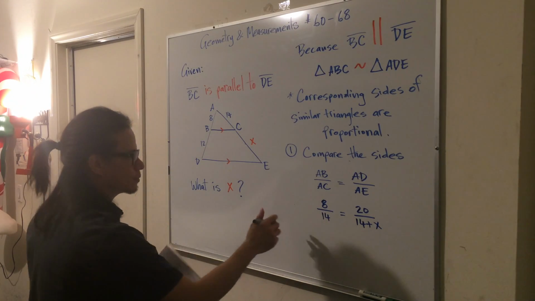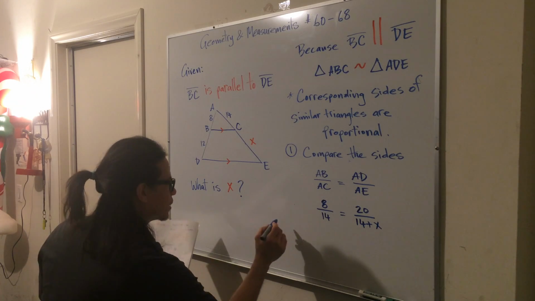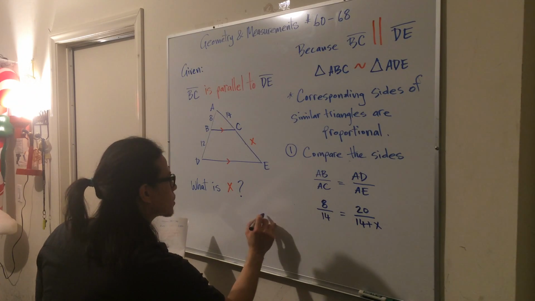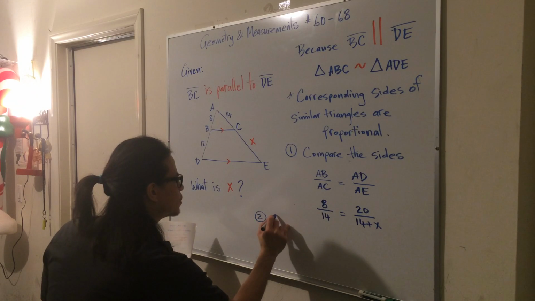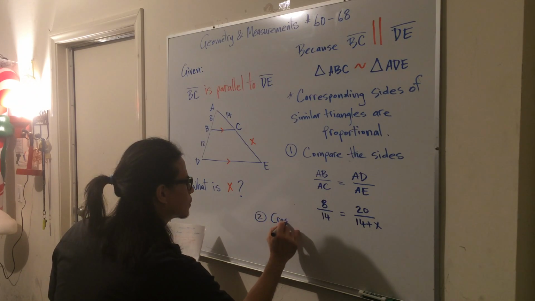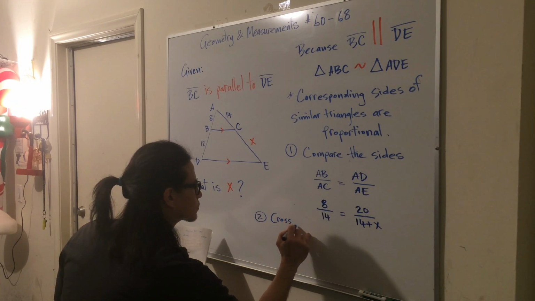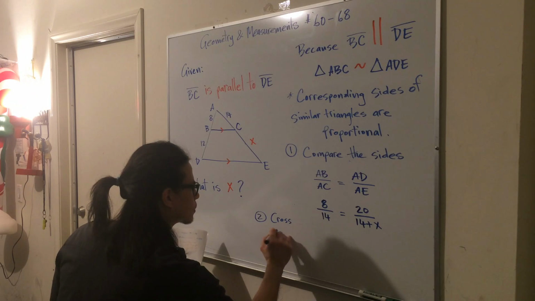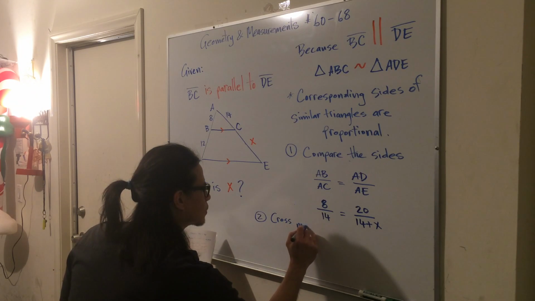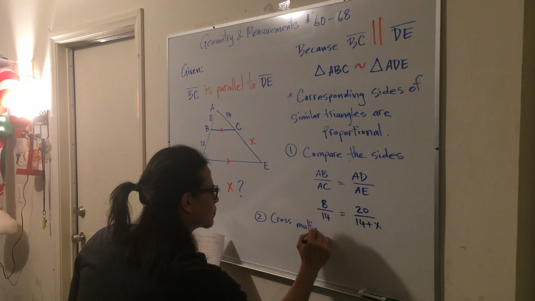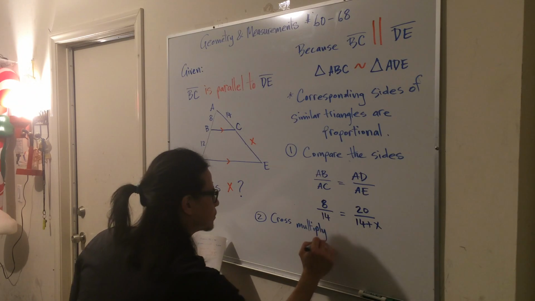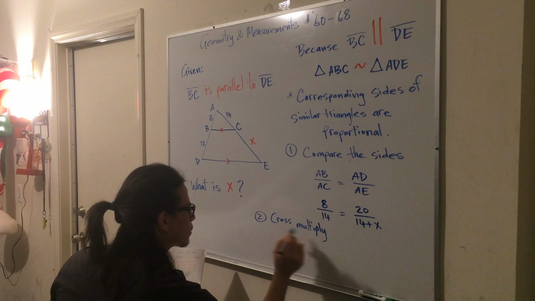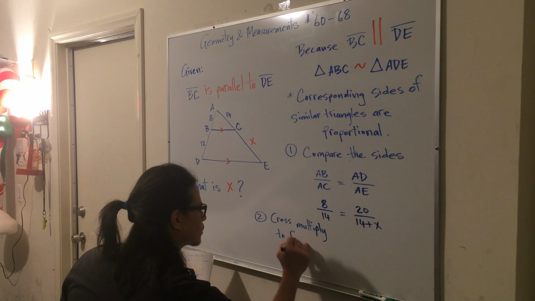So let's cross multiply. So step 2, let's cross multiply to find x.